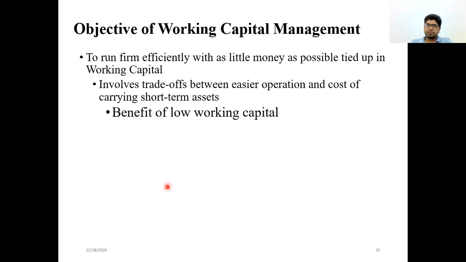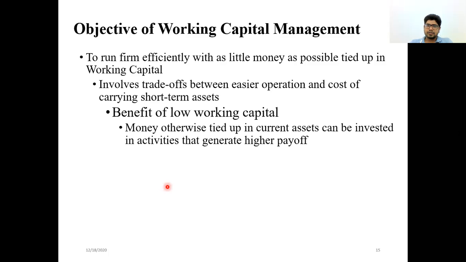And the benefit of low working capital is that money otherwise tied up in current assets can be invested in activities that generate a higher payoff. Right? You can invest that money in profitable investment ventures. It means reducing investment in current assets, and reduces the need for costly financing. So every rupee you are using in your organization has its own cost.